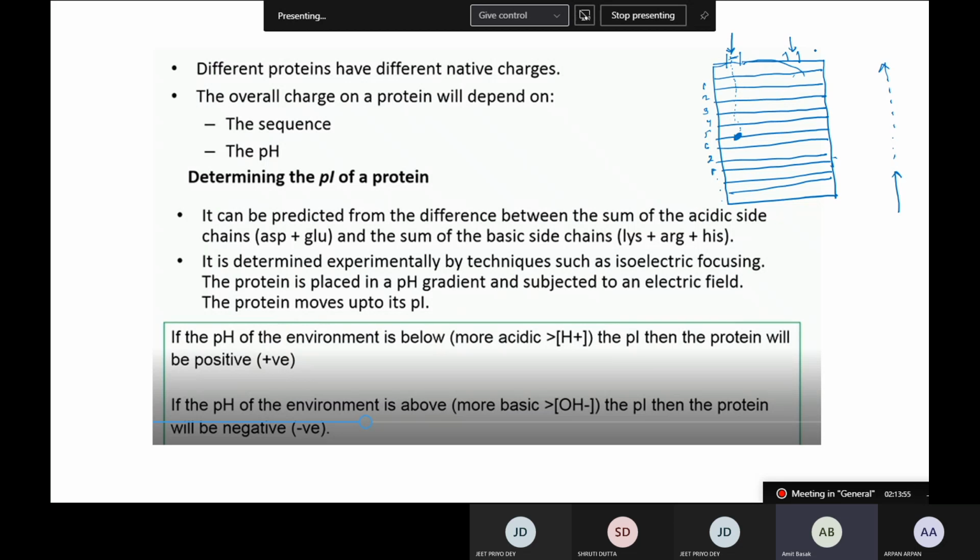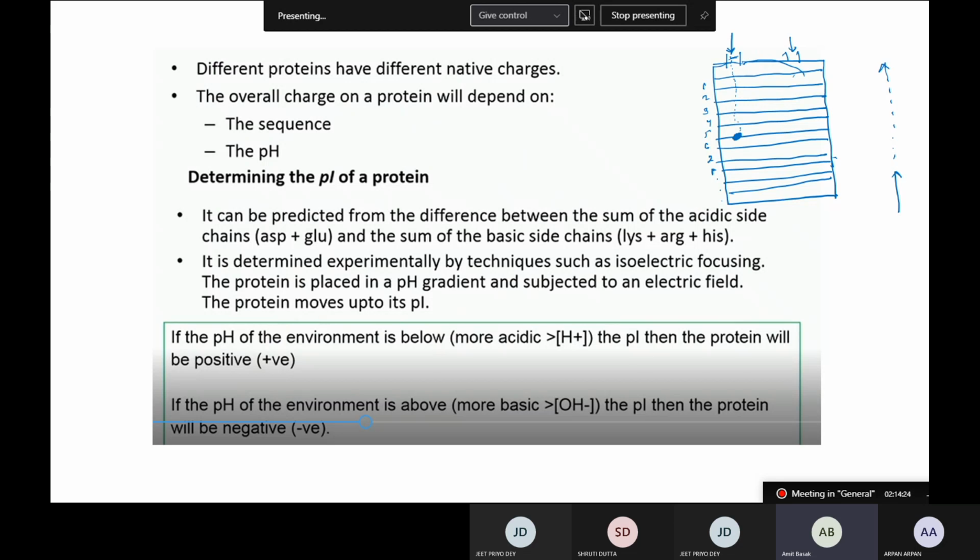So what is your job? You will just develop it and see in which pH area this protein band is residing, and that is its isoelectric point. You understood it, no? Basically, the gel has to have a pH gradient so that the protein moves and then stops as soon as it assumes an overall charge of 0.